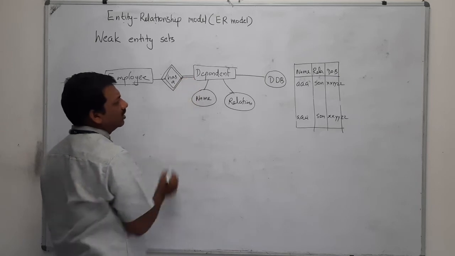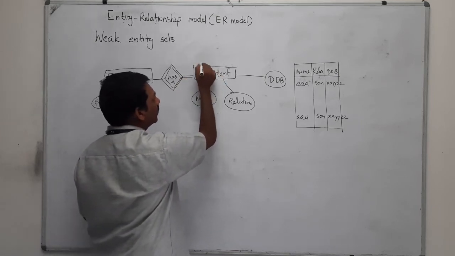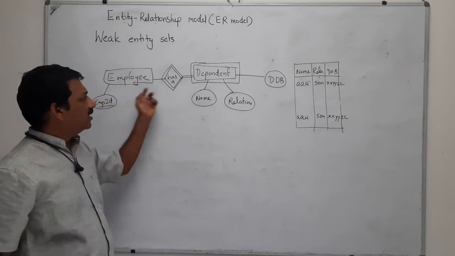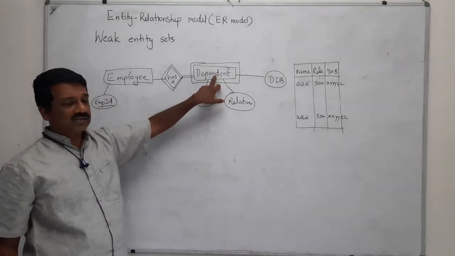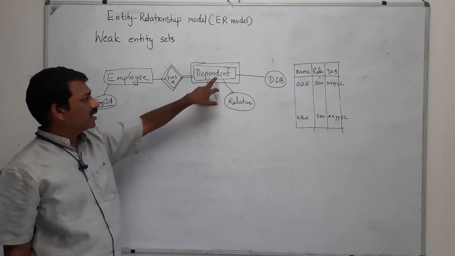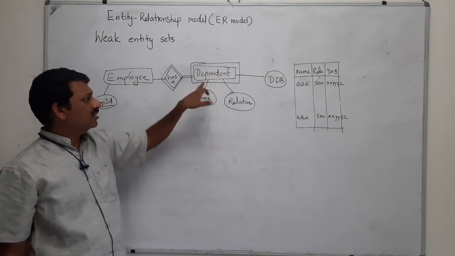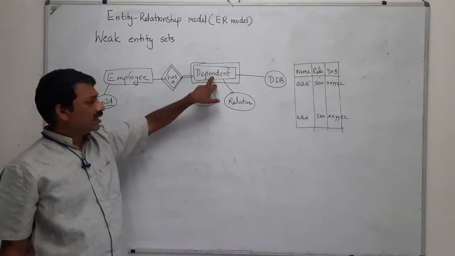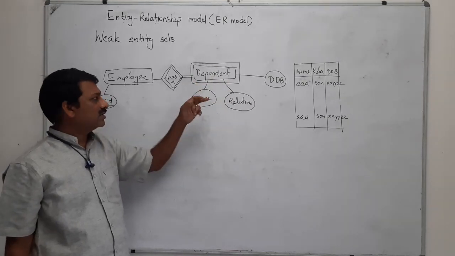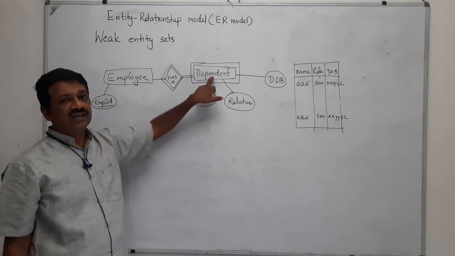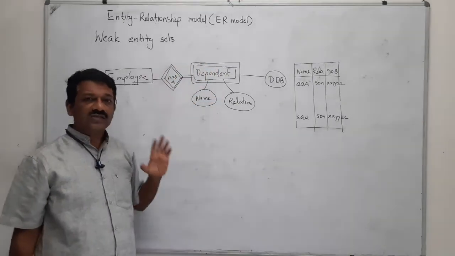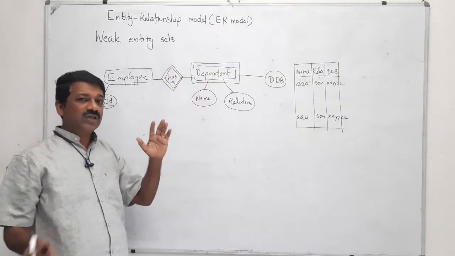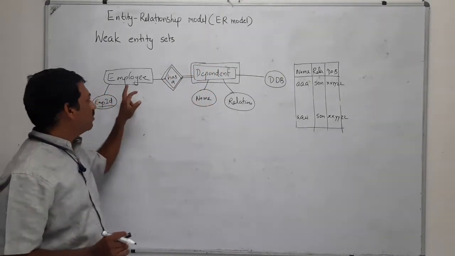An entity drawn with double lines, whereas the strong entity has single lines, is a rectangle with double lines. That means this is a weak entity set. This does not exist independently; it is dependent on this employee.